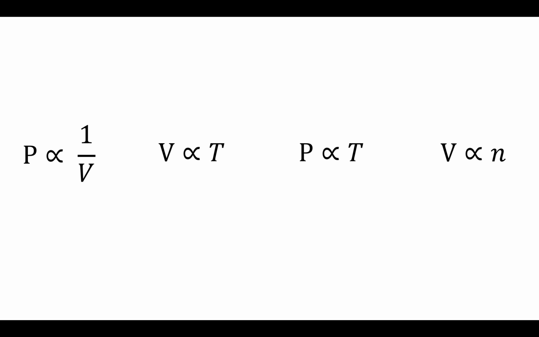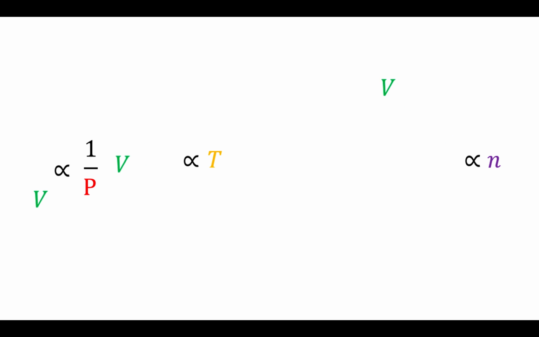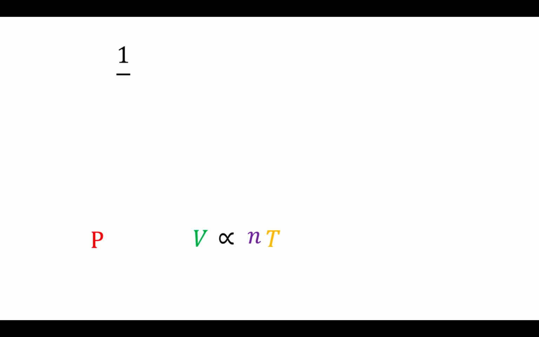So there are our laws as we have them so far. I'm just going to rearrange the V with the P there, but that's the same law. And here are our others. What I'm going to do is just collect all the V's. I'm going to collect all the little proportional signs, and then I'm just going to collect all my other terms. Just completely arithmetically bringing them all together.